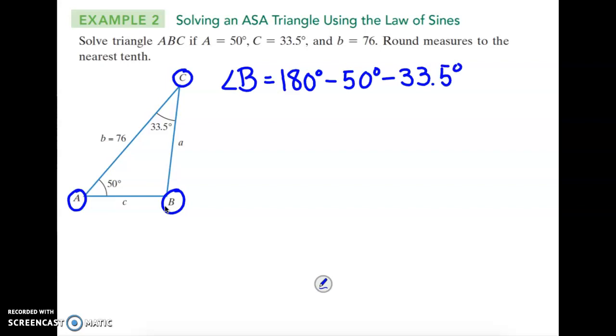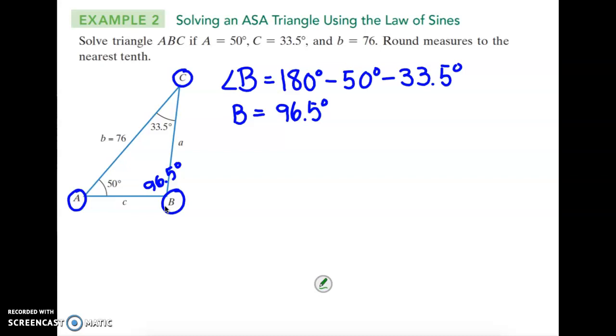Type it into your calculator, and what you get is 96.5 degrees. Like the previous example, I suggest that you label that in your triangle. So we found our first missing piece. We'll continue on. We're going to use the law of sines now to find the missing sides.